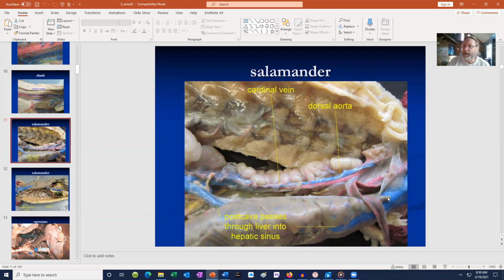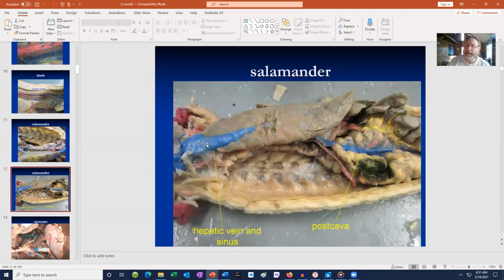One of the things I'd like to just introduce is the idea of a sinus. A sinus is a vein that is larger, wider than normal, and with a thinner wall than normal. So you can see here is the inferior vena cava in a salamander, but look at this big wide area here. That's just bigger than veins tend to run.